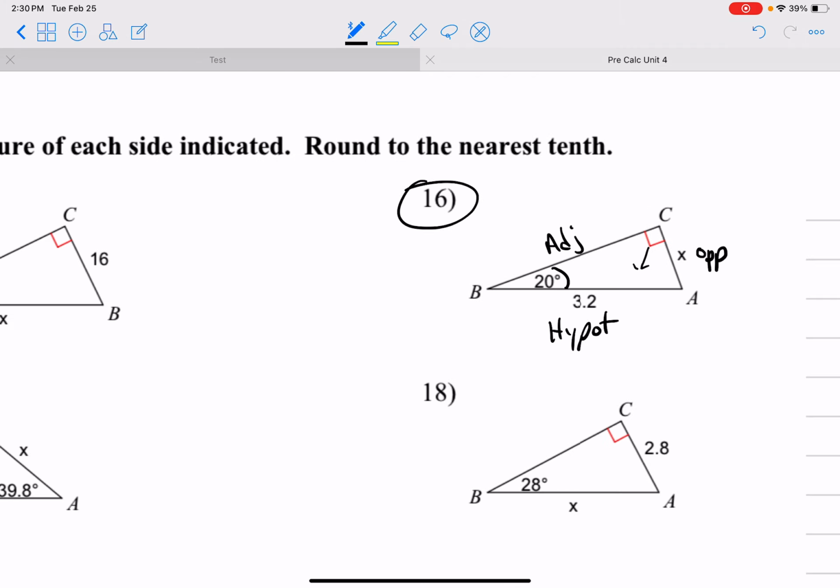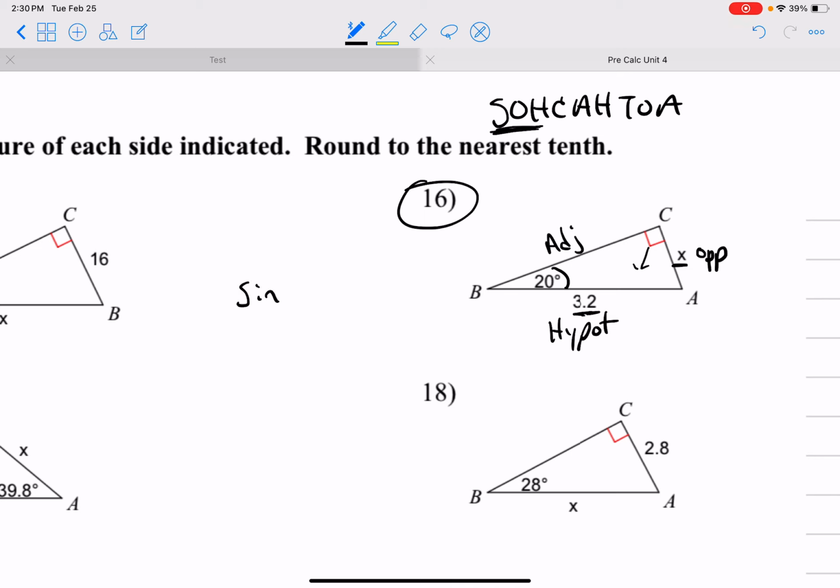So far, again, coming back to SOHCAHTOA. Well, what do I know? I know for 20, I happen to have a hypotenuse and an opposite. And I'm looking for the opposite. So I'm going to use what I have. Which one talks about hypotenuse and opposite? It's going to be a sine again, opposite over hypotenuse.